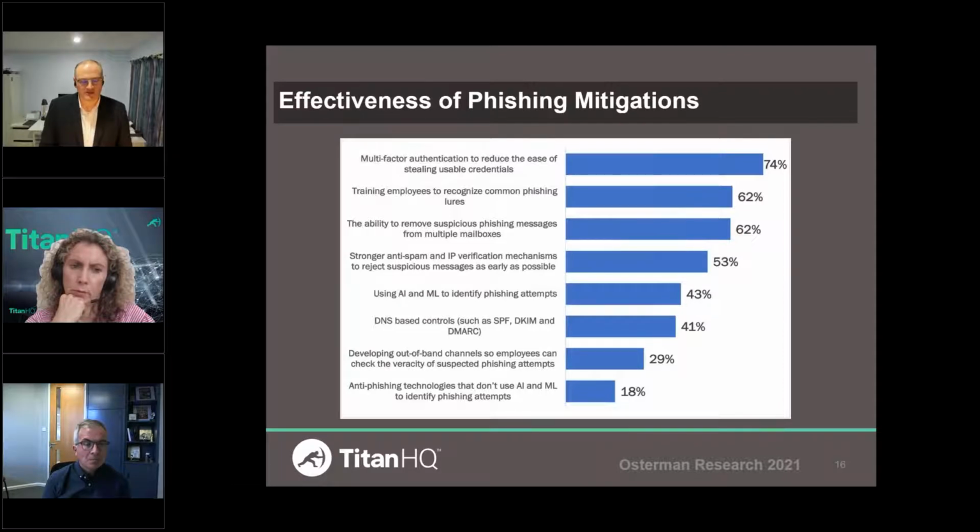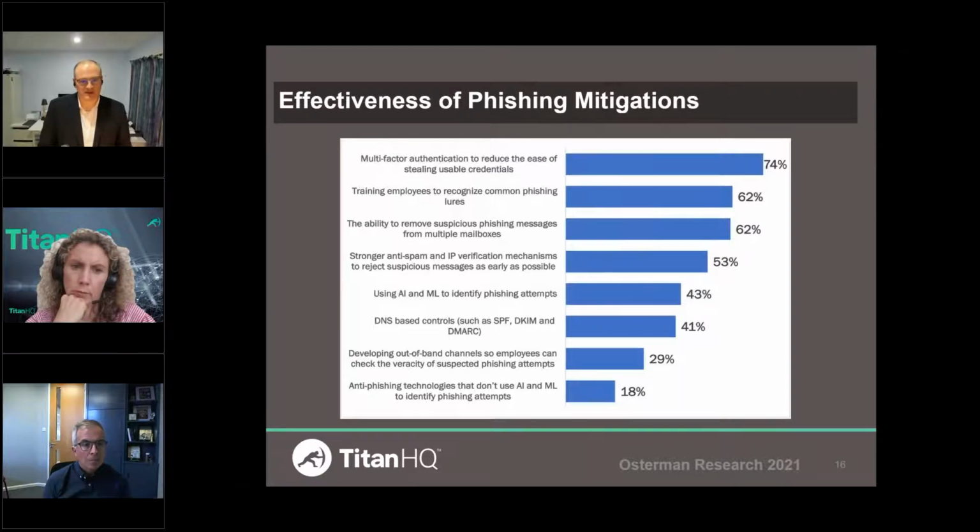And while multi-factor authentication is not foolproof, and we have seen attacks that have bypassed multi-factor authentication methods, anyone that is not using multi-factor authentication is only asking for problems. Second key mitigation here was training employees to recognize common phishing lures.